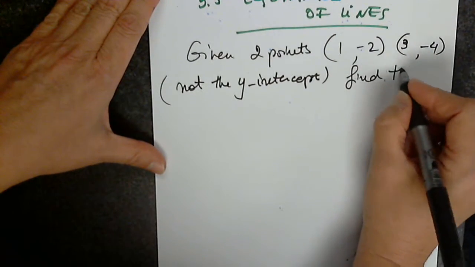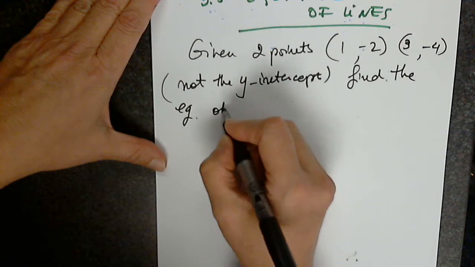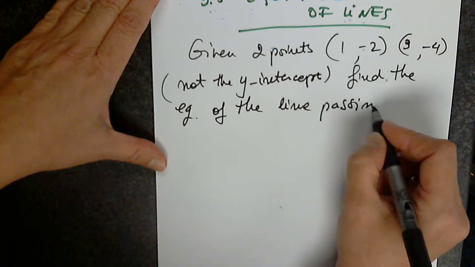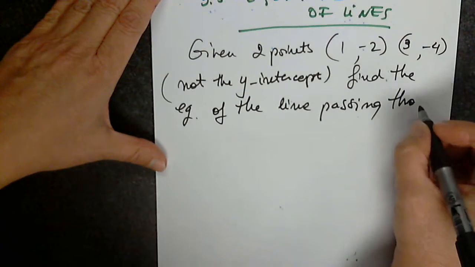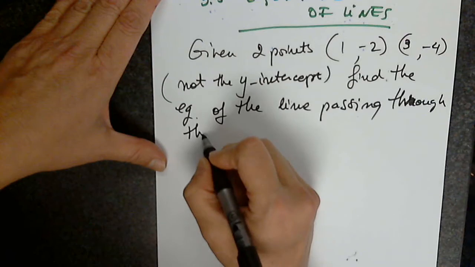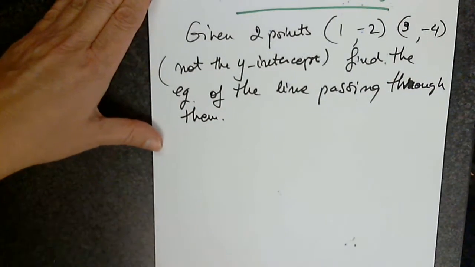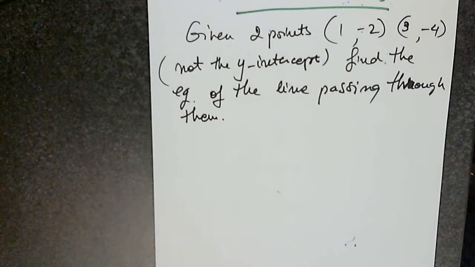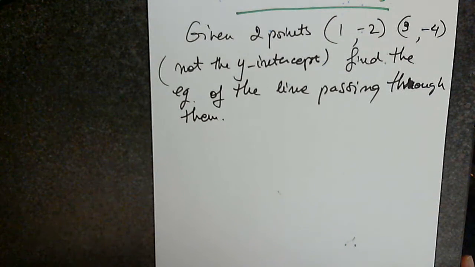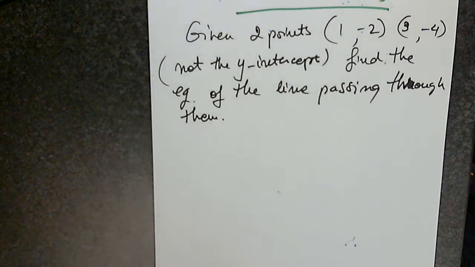Find the equation of the line passing through them. One more time. Given 2 points, none of which is the y-intercept, find the equation of the line passing through them.